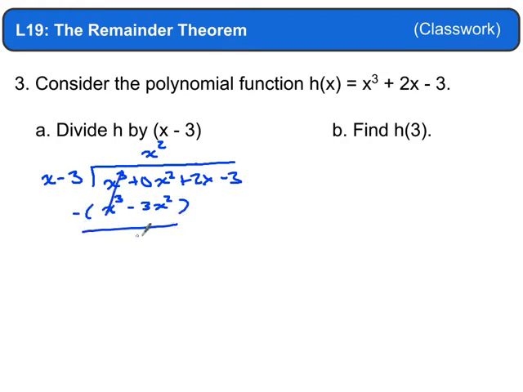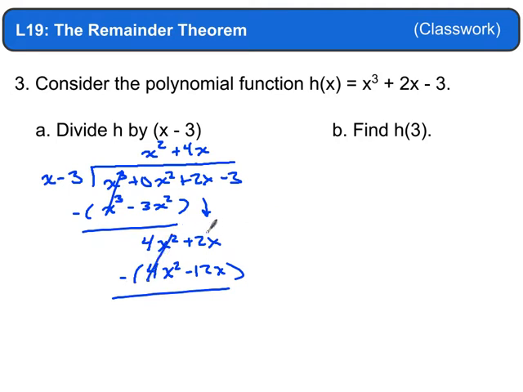This cancels out. We get a 4x squared, bring down the 2x. This gives me a plus 4x. So we get a 4x squared minus 12x. These go away.